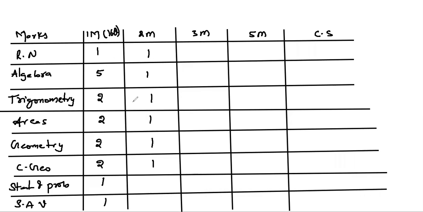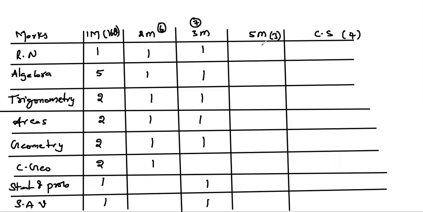Next, 3 marks: one question from this, one from algebra, one from trigonometry, one from this, one from geometry, and another from statistics and probability, and this one. So we have 6 questions of 2 marks, 7 questions of 3 marks, 3 questions of 5 marks, and 4 case study questions.